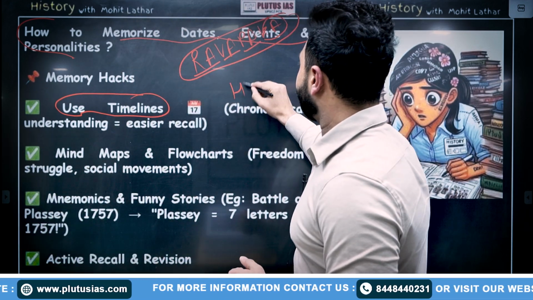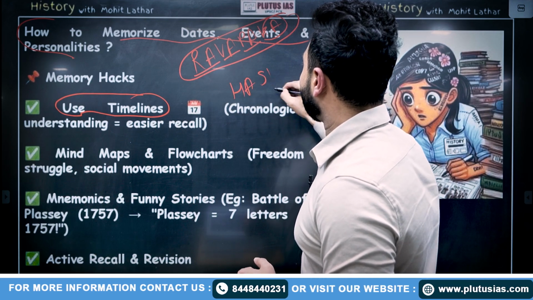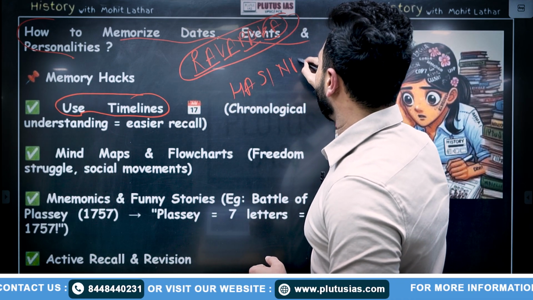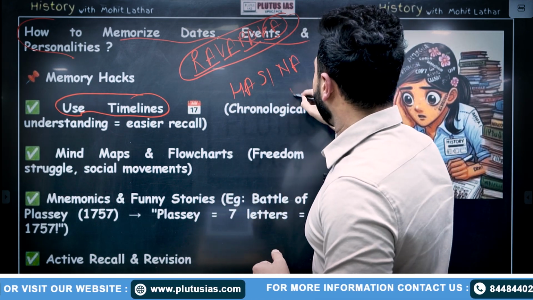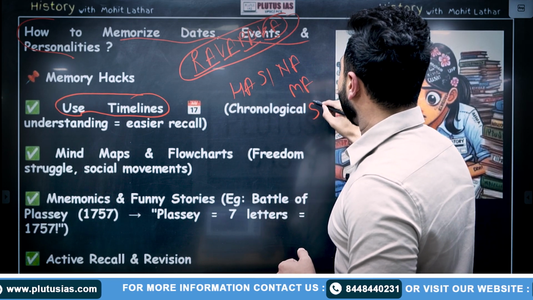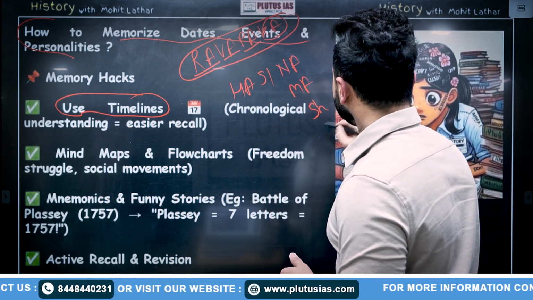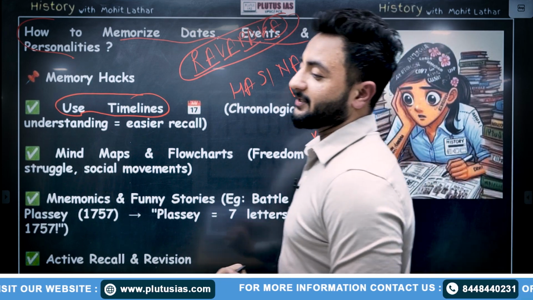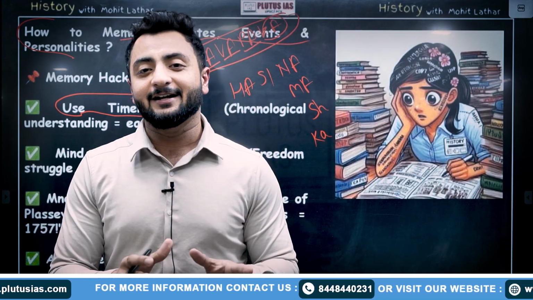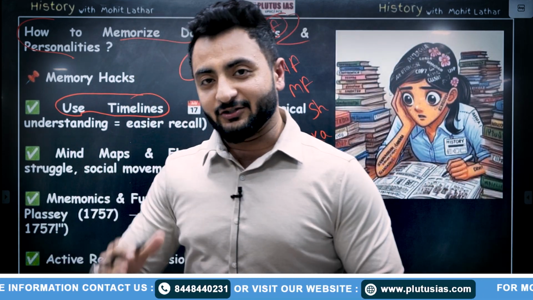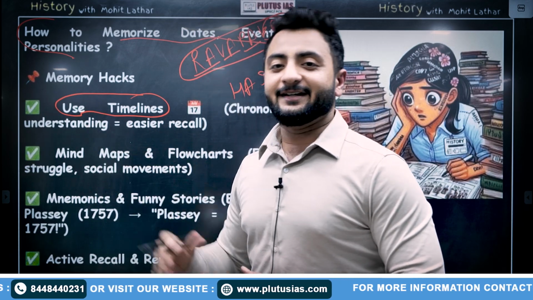In Hasina, H-A is the Haryanka dynasty, S-I for Shishunaga, N-A for the Nanda dynasty, M-A for the Mauryan dynasty, S-H for the Shunga dynasty, and K-A for the Kanva dynasty. So Hasina Mashuka is a mnemonic so that you can learn the dynasties chronologically.